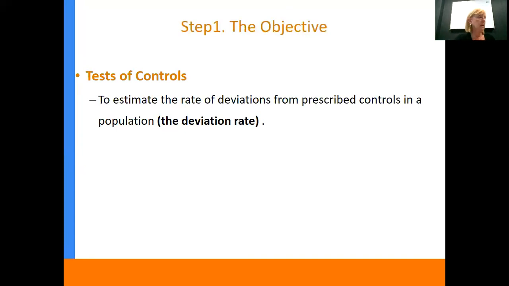The accountant does that after the event. Now, if I want to test that control, I want to know how many times does the accountant actually do that? Do they do this or don't they do it? So that would be my test of control.